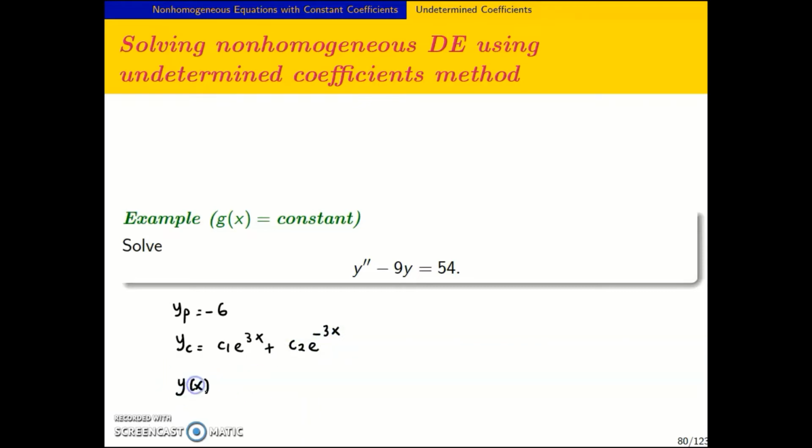Therefore, my general solution is given by yc plus yp, such that c1 e^(3x) plus c2 e^(-3x) minus 6. Okay, so this is how you find a general solution if g(x) is a constant. So if g(x) is constant, you just let g(x) equals a, or any constant.